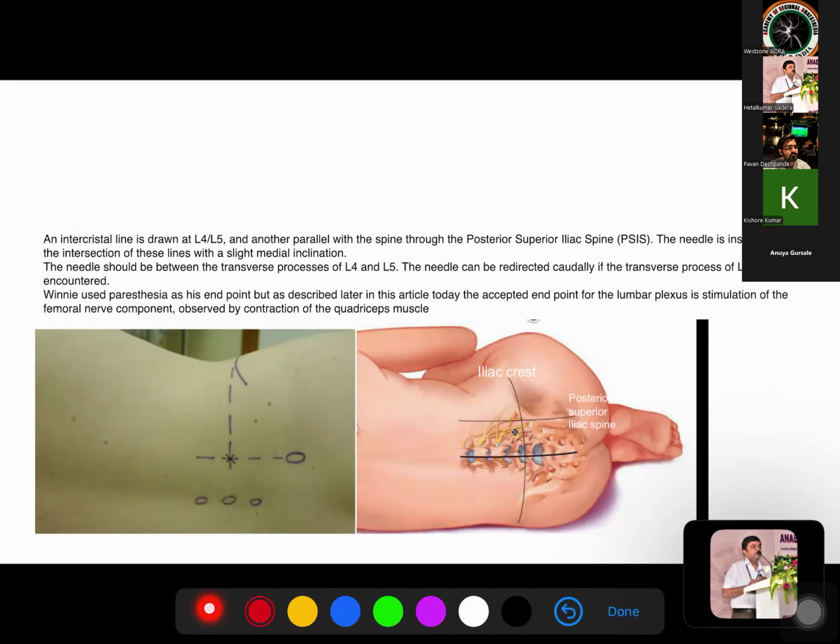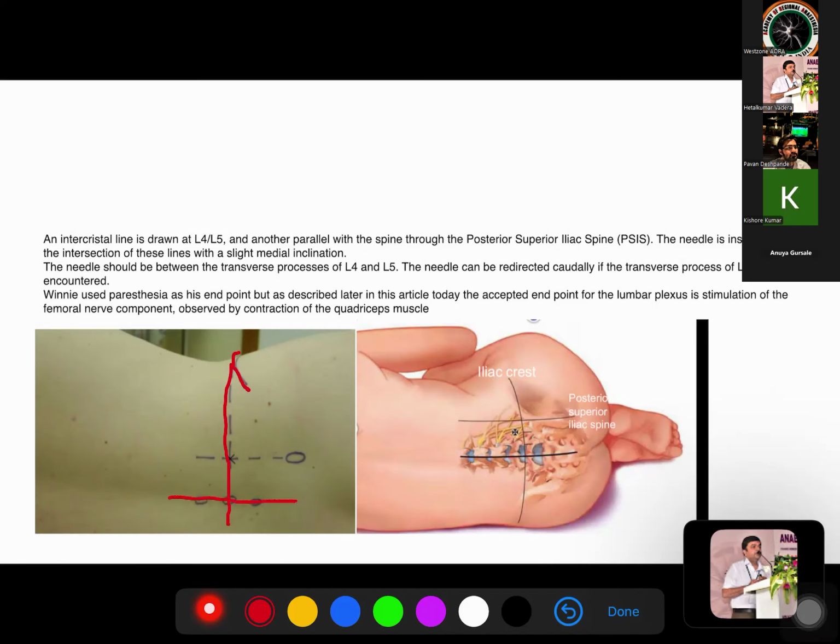First we will draw the superior border of the iliac crest, and then the Tuffier's line and the midline. We draw an imaginary line, the midline.